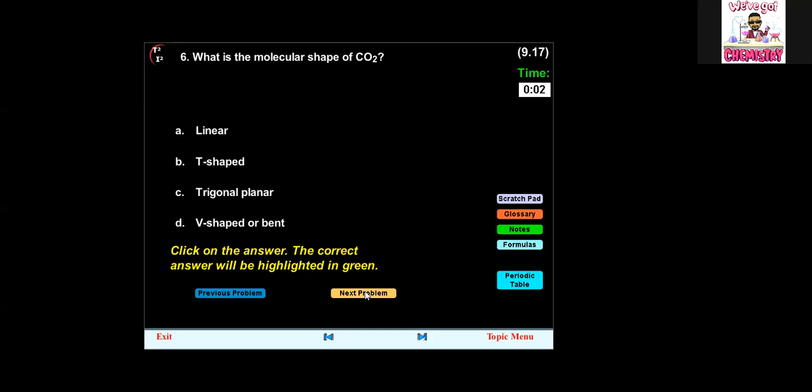What is the molecular shape of CO2? Which molecule is non-polar? Which molecule has a dipole moment equal to 0?